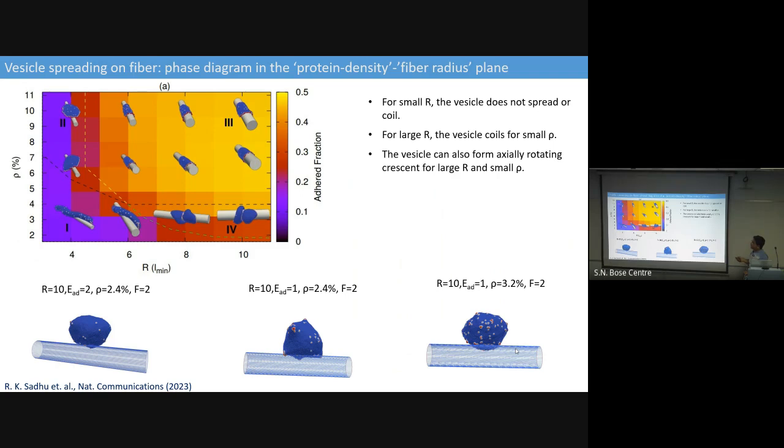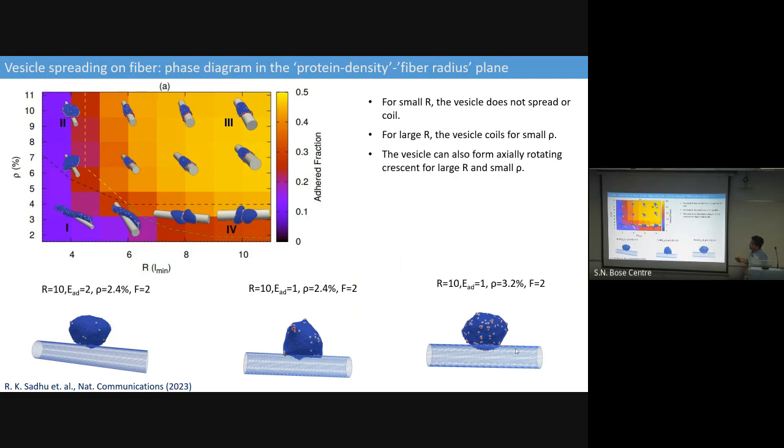Now if we go to the large radius, there will be competition between adhesion and bending energies. If the vesicle adheres, for larger radius the adhesion energy gain will be larger than the bending energy cost. But for smaller radius, the bending energy cost will be larger if you try to adhere, so it doesn't adhere.